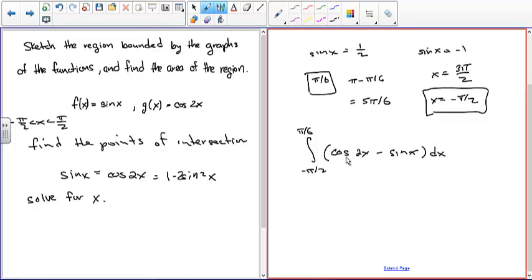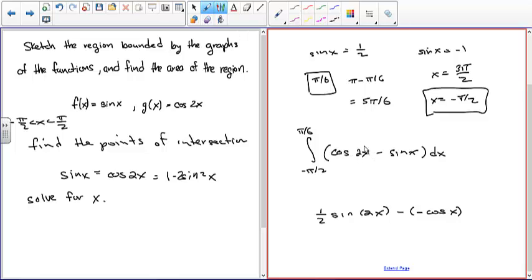And so the integral of the cosine of 2x is going to be equal to 1/2 the sine of 2x. And the integral of the sine of x is going to be equal to negative the cosine of x. So what I'm doing here is using u substitution.